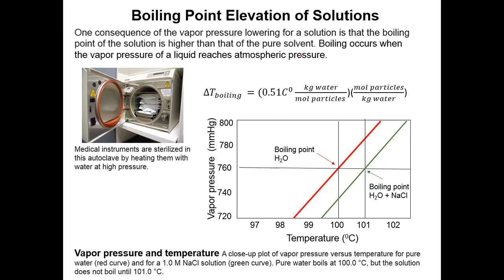And because of that, the vapor which is produced during this boiling is hotter than the vapor of pure solvent. Do you guys understand? Because of this, it is used in the sterilization process.